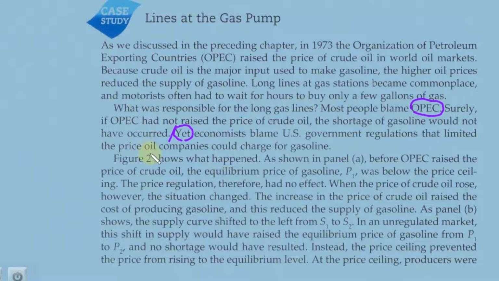The reason why economists blame the U.S. government more than OPEC is what we have already studied. Once the government imposes a policy on the selling price in the market, a negative effect rather than a positive effect is more likely to happen, right?